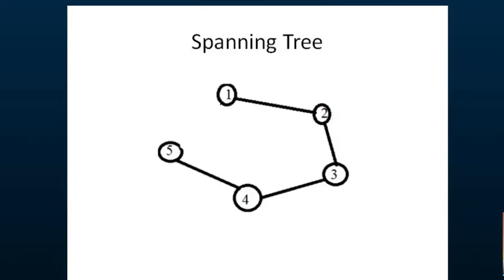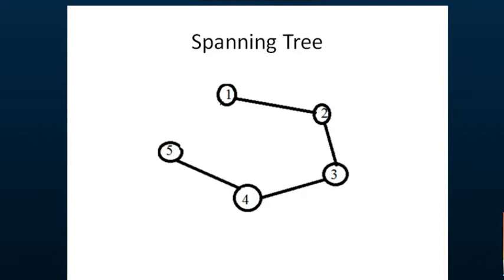This one, in which the edge 5-1 is deleted, contains all the 5 nodes. Then we have a subgraph of the given cyclic graph, which is called a spanning tree.